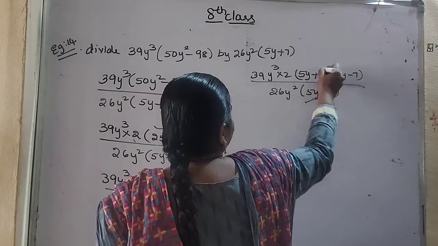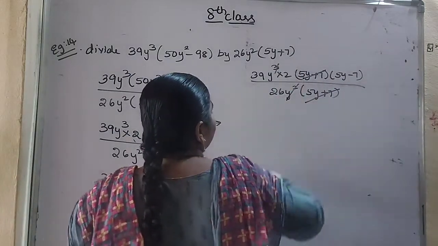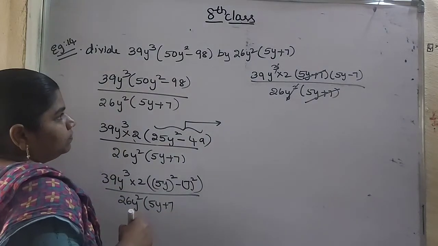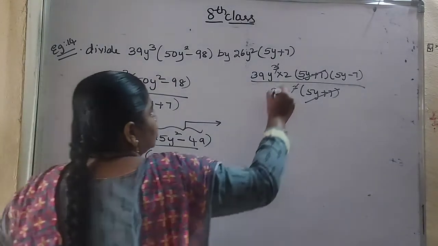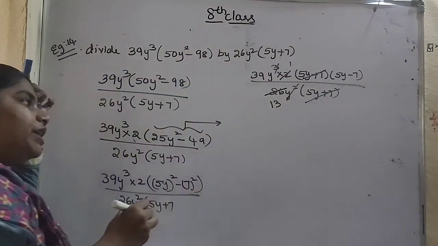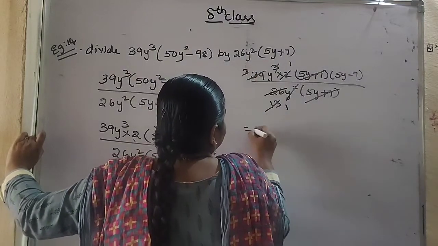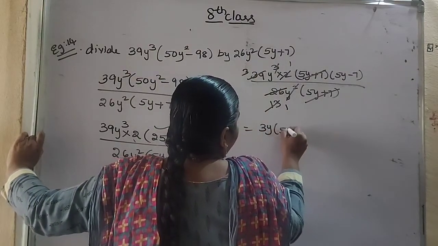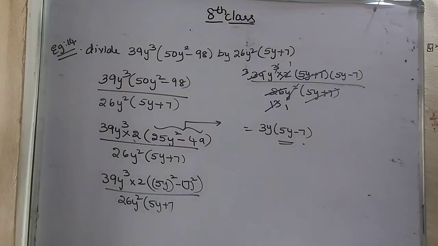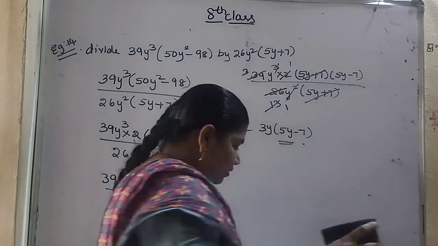So 5y plus 7 and 5y plus 7 will be cancelled. y square will get cancelled. So we can do it in the 2 table. 2 ones, 2 thirteens are 26, 13 ones, 13 threes are 39. So what is the answer? 3y into 5y minus 7 is the answer for example number 14. So next is example number 15.